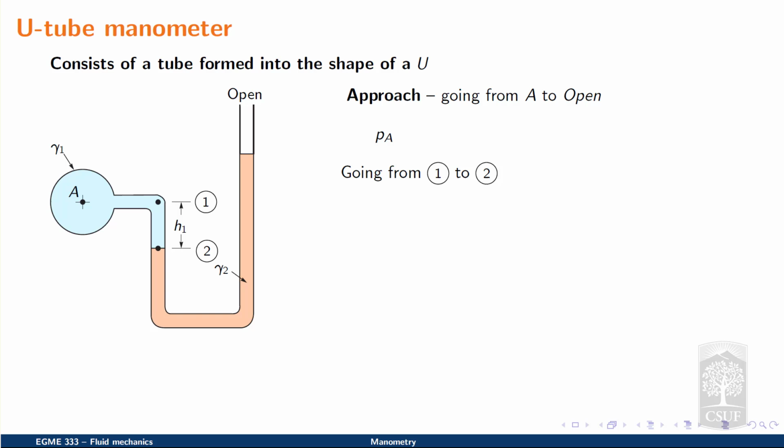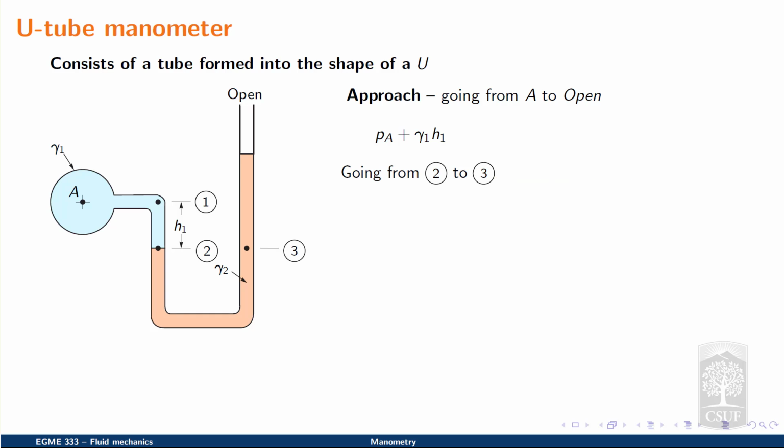Next, we'll go from point 1 down to point 2, where they have a vertical displacement of h sub 1 between them, as shown in the diagram. Given that we're going down in vertical position, we can say that the pressure should increase. Therefore, to P sub A, I'm going to add the product of gamma sub 1 times h sub 1.